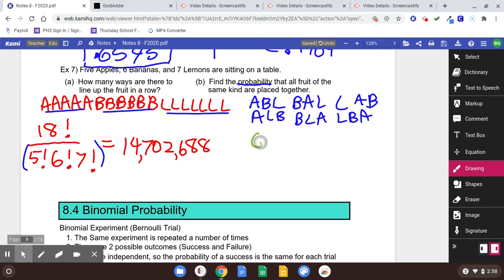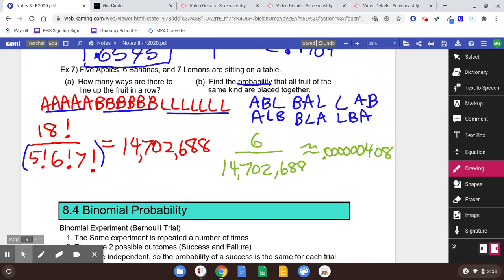Probability is part over total. We're going to have 6 because there's 6 different ways of shuffling the different types of fruits over 14,702,688. And if you plug that in on your calculator, you're going to get a lot of zeros there. 6 zeros, 408.